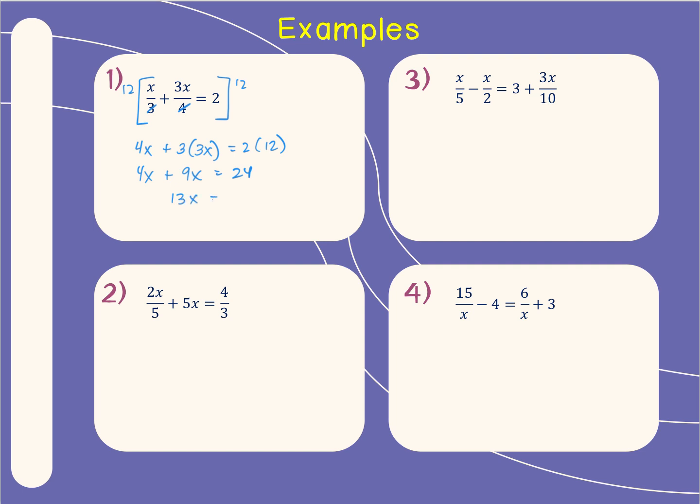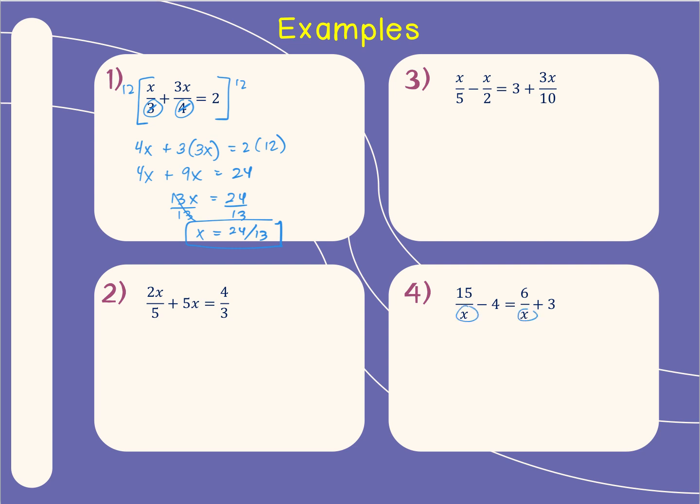Now I just get 13x equals 24. I'm going to divide both sides by 13. And I'm going to get that x equals 24 over 13. And that is a valid answer. And I don't have to check it here because notice my denominators are numbers, okay? I have to start checking when I see denominators that are variables.